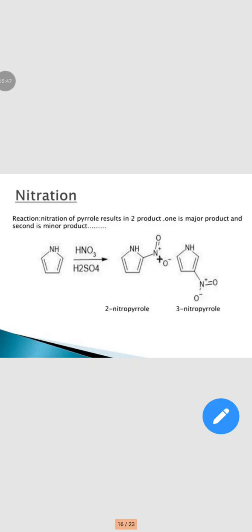Pyrrole is reacted with nitric acid in the presence of sulfuric acid to form 2-nitropyrrole and 3-nitropyrrole. 2-nitropyrrole is the major product and 3-nitropyrrole is the minor product.